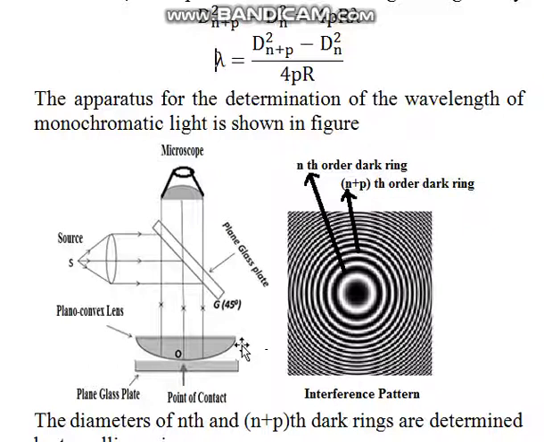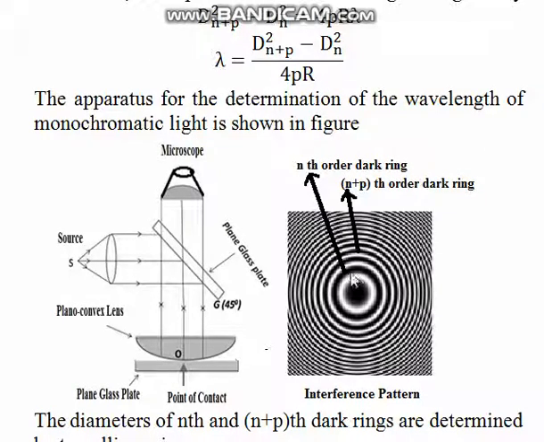So this is the simple procedure of this experiment, and here I try to plot the pattern. This is the reflected case, so the center is dark, and in this experiment we focus on the dark rings. However, this formula is valid for both types of rings, either bright or dark.